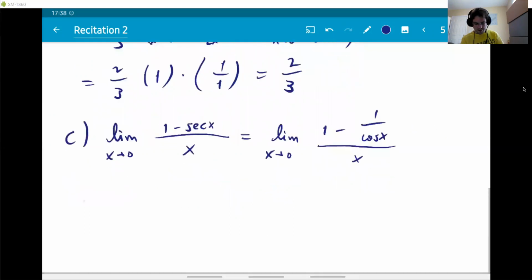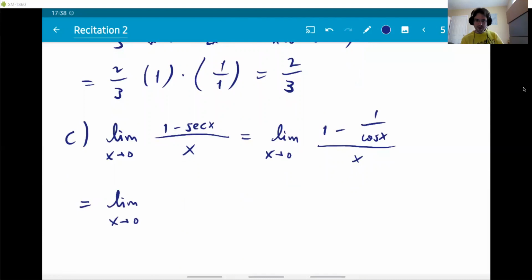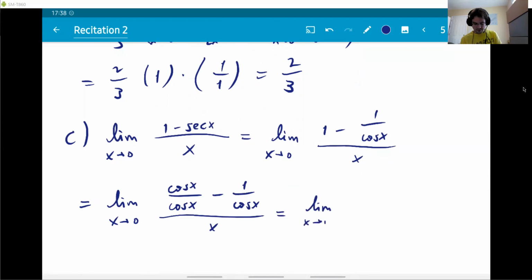Now take a common denominator in the top. However you like to do that. 1 is cosine minus cosine. And now you can take this difference of the two fractions in the numerator.